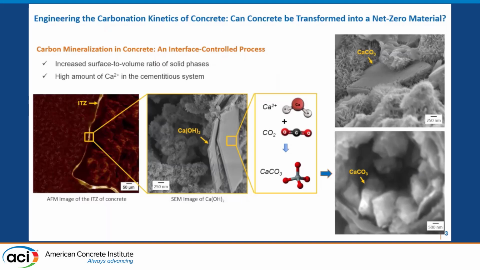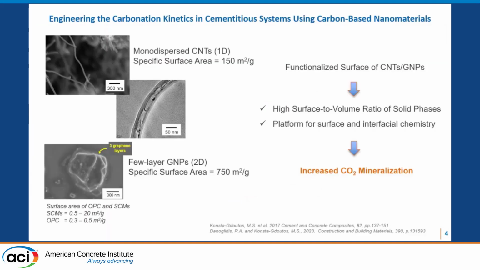And here are all the calcium carbonates that were able to form in a matrix, and this one in particular is with a biochar. What can we do to not only enhance the reaction, but tailor the whole system for accepting more and more and accommodating the production of the calcium carbonates?